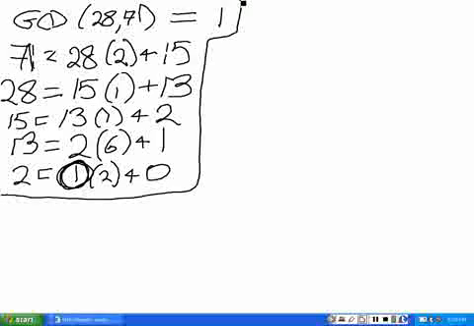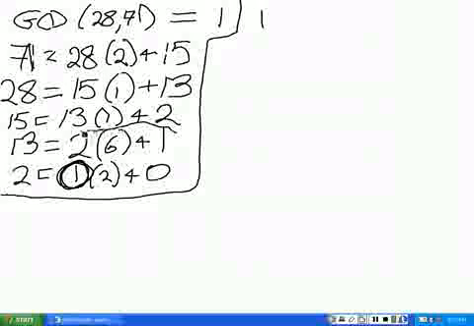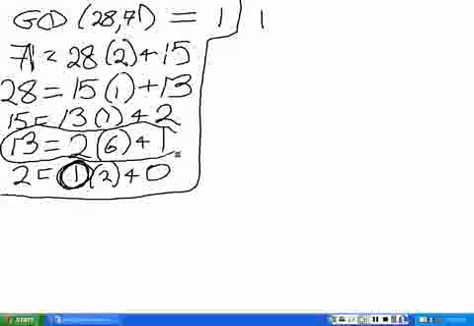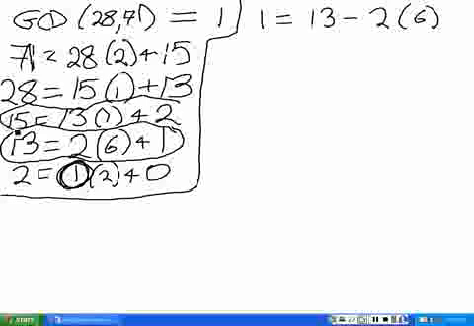So I know that 1, let's use this line right here. 1 is going to be equal to 13 minus 2 times 6. Okay, so now I use this line for the 2.